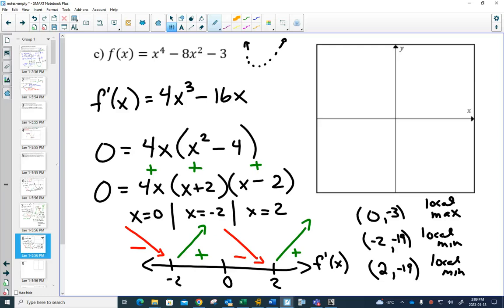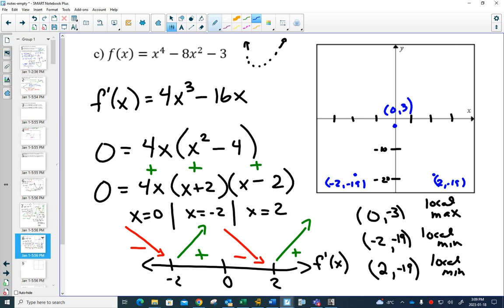So if I was graphing here, I went -10, -20, 1, 2, 3, 1, 2, 3. I now know that I have the following points. I have at -2, -19, +2, -19, and 0, comma -3.